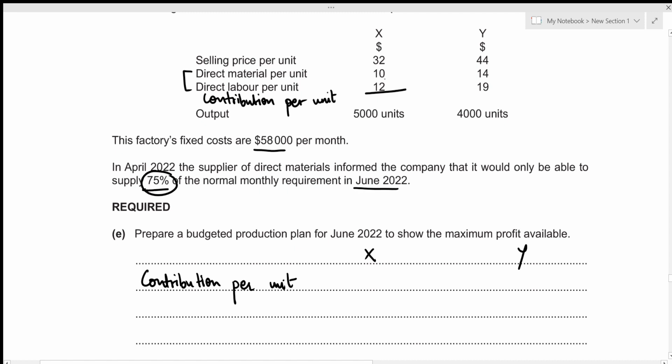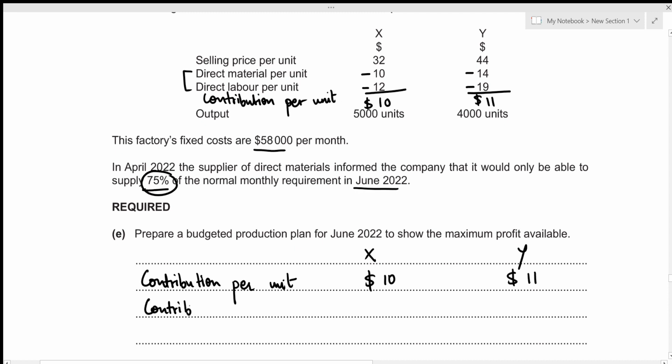And that is just going to be selling price minus direct material minus direct labor. For product X, that's 32 minus 10 minus 12, which results in the value of 10. And for product Y, that's going to be 44 minus 14 minus 19, which results in the value of 11. So let's write it down. That's 10 and 11.